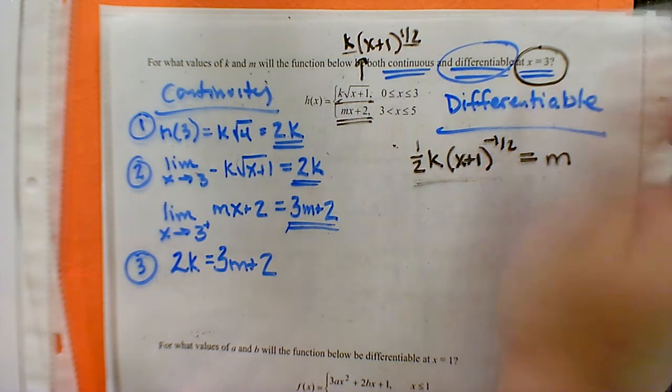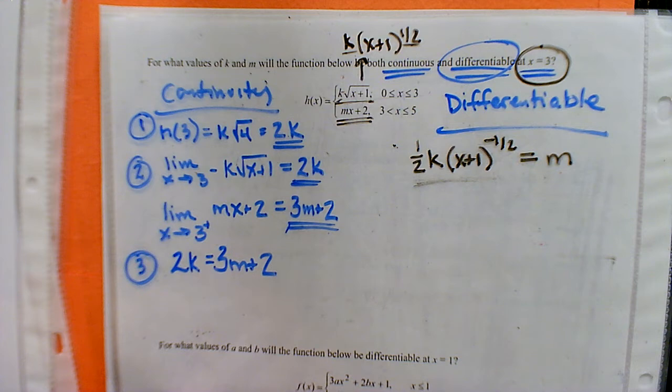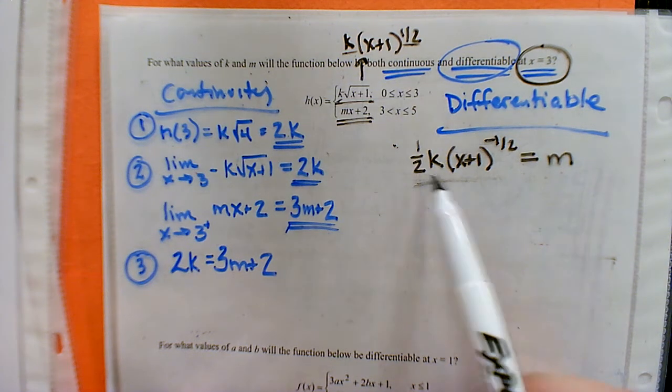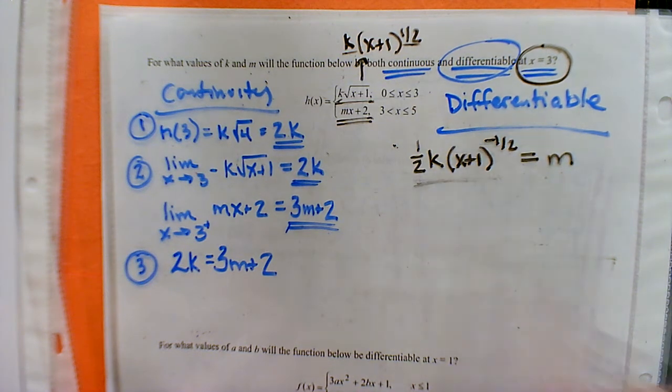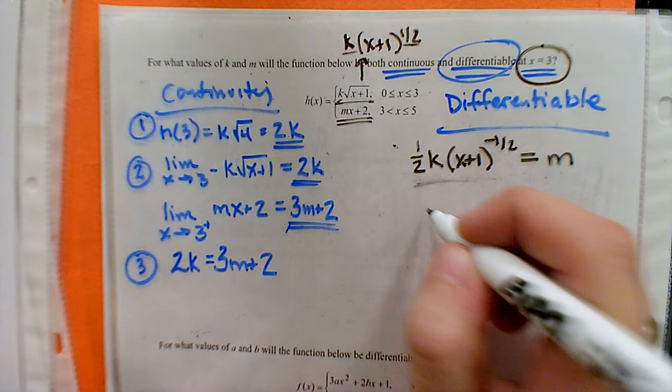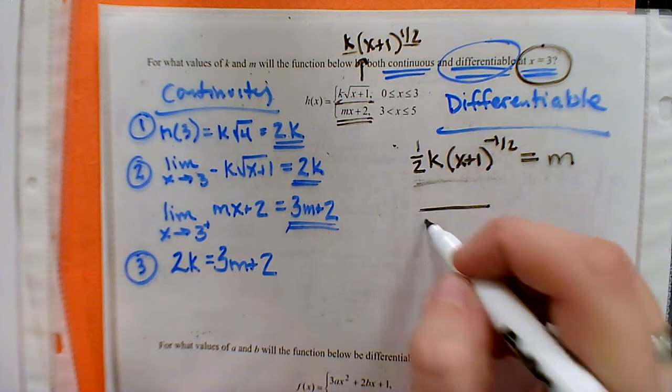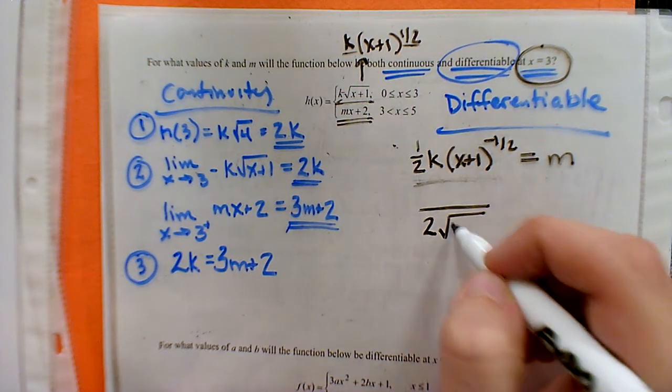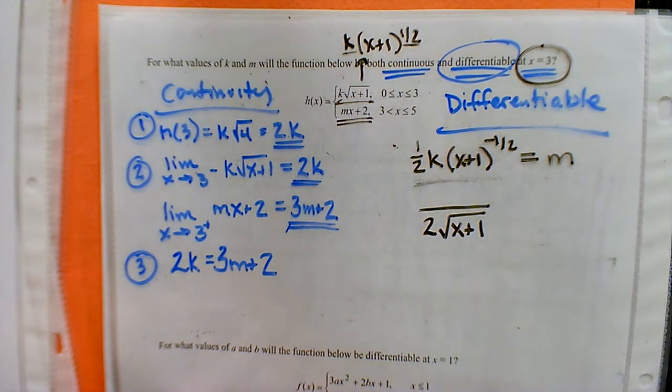specifically checking this x location of 3. So let's go ahead and plug in 3 to actually get the numbered value from the slope from the left and the slope from the right. Some of us might want to rewrite this because you see that negative power there. You can move that to the bottom of a fraction, make the power positive. Maybe you want to turn it back to a root.